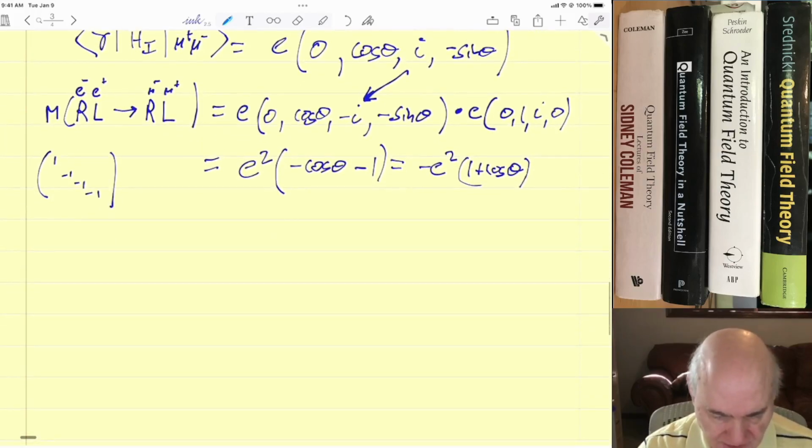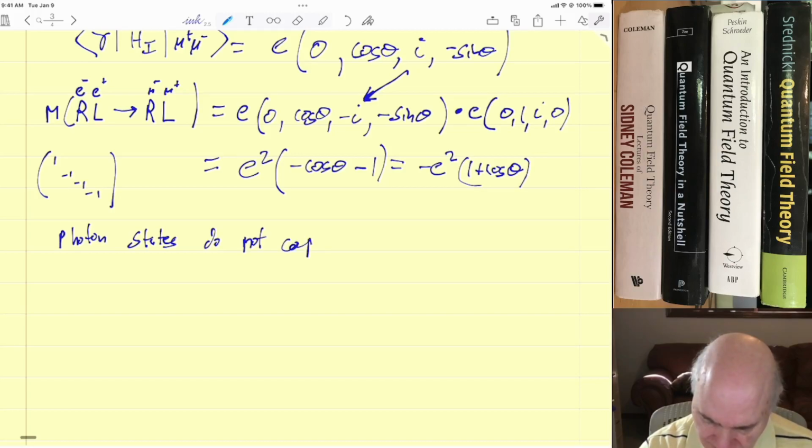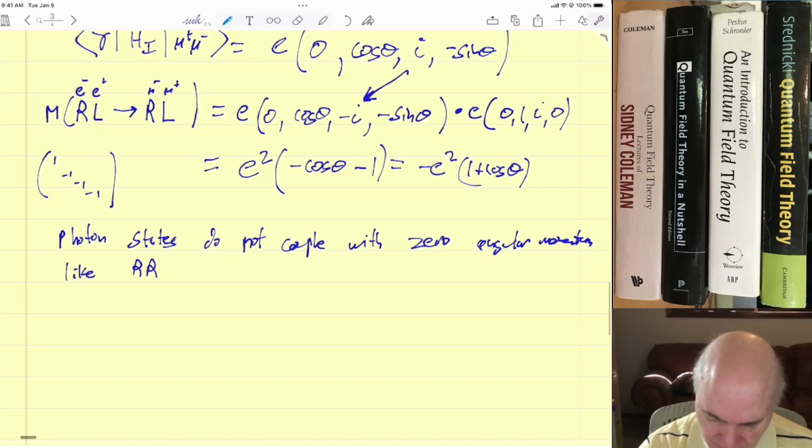Okay. Now, as will be made clear later in the book, but Peskin and Schroeder mention it, photon states do not couple with the zero angular momentum state, like an RR or an LL, that's what they would have.